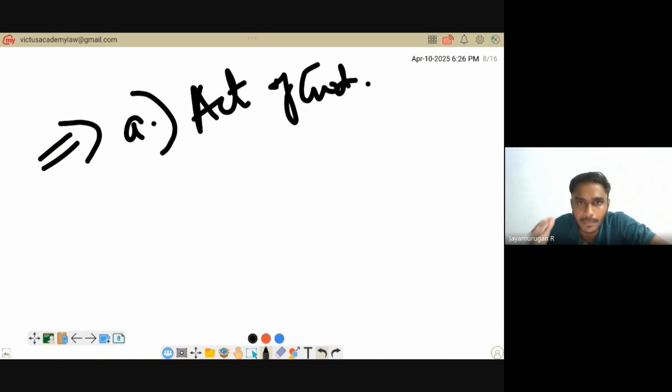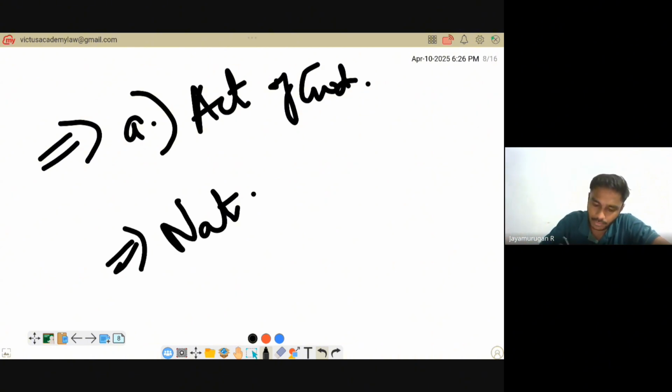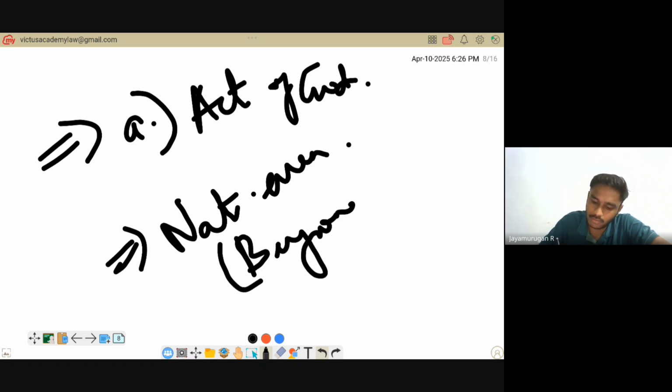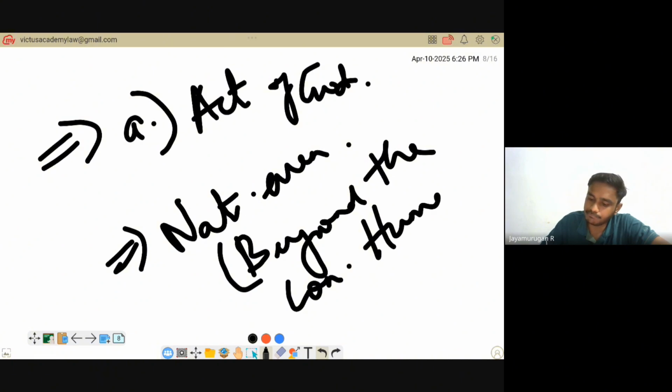So it basically means natural events that are beyond the control of humans. That is what an act of God is. For an act to qualify as an act of God, it must be a natural event beyond the control of humans. It is also known as the force majeure clause.